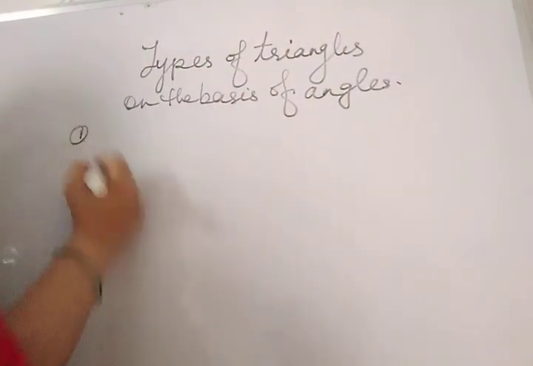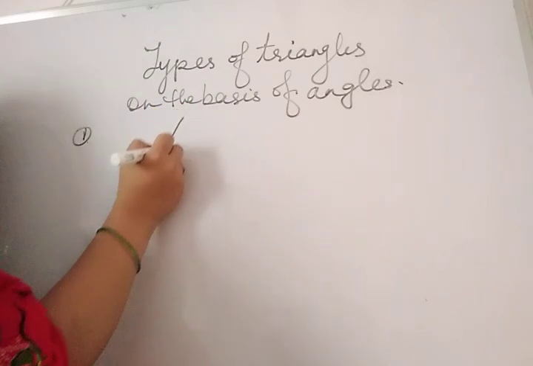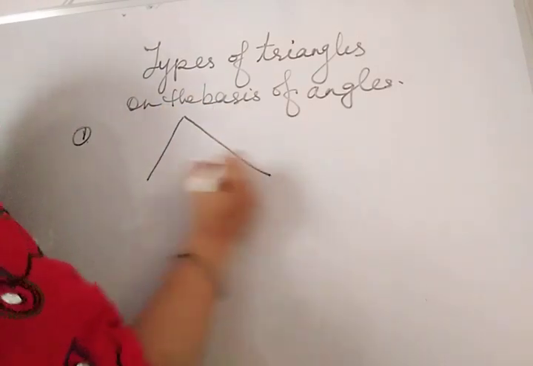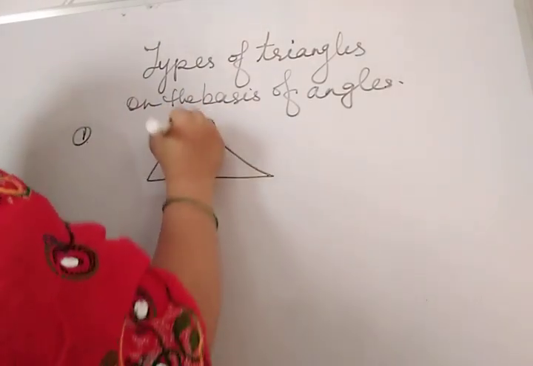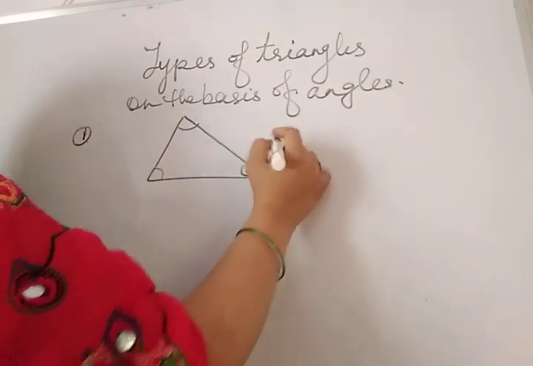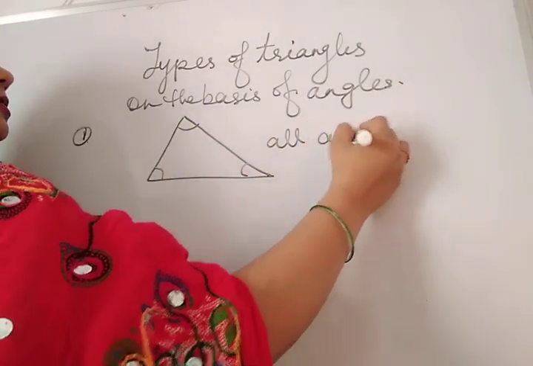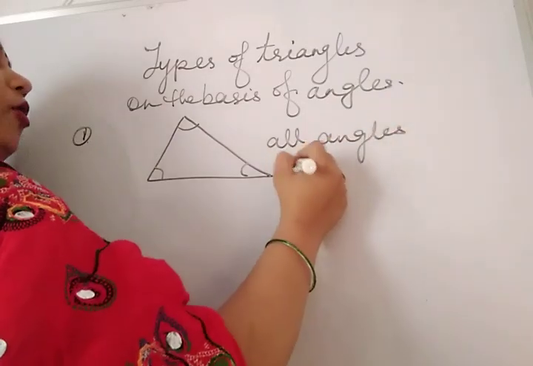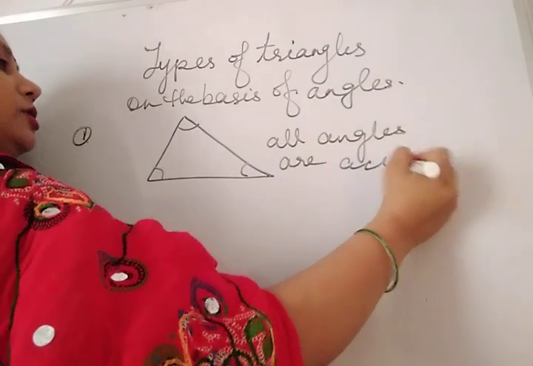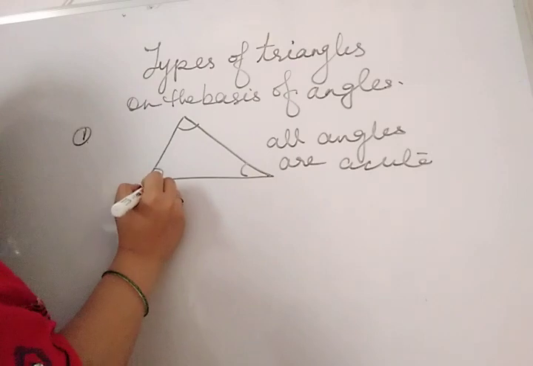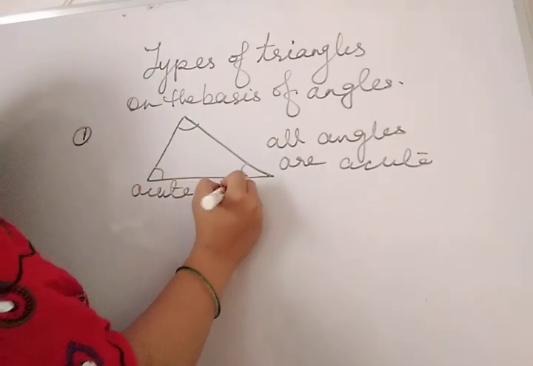Okay, first is, if all angles of a triangle are acute angles, listen carefully, all angles, if all angles are acute, the triangle is said to be an acute angled triangle.